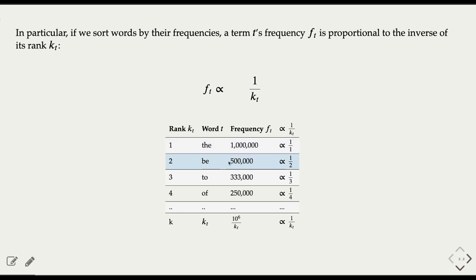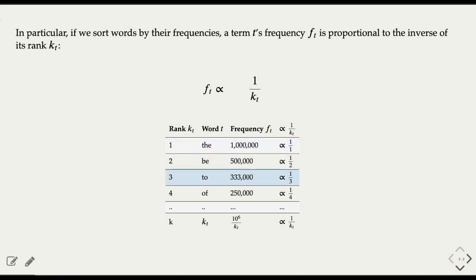Proportionally, the number 2 most frequent term, for example "be", will be half of that, 500,000, which is proportional to half of rank number 1.